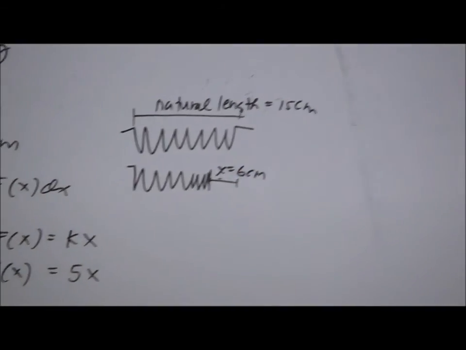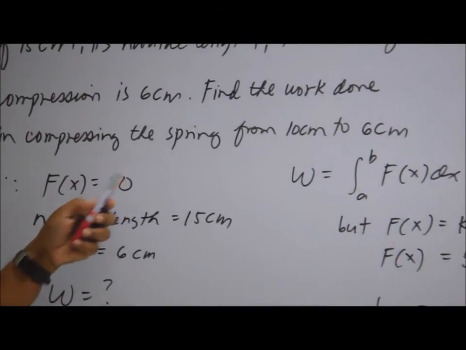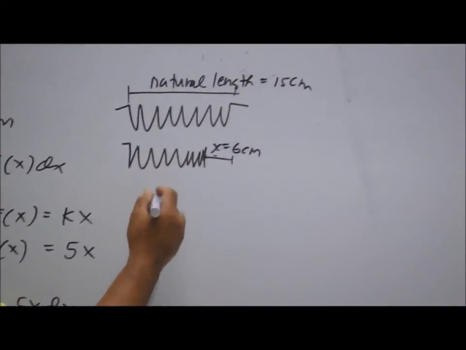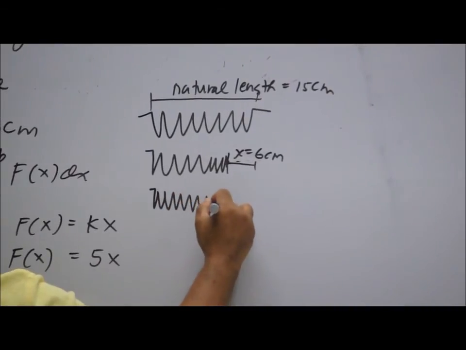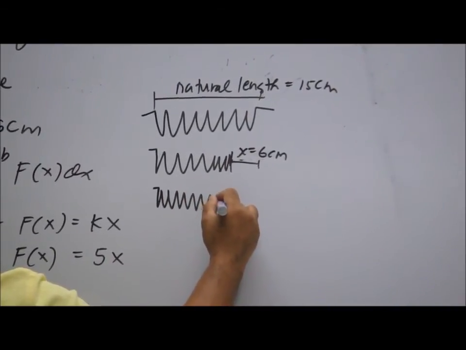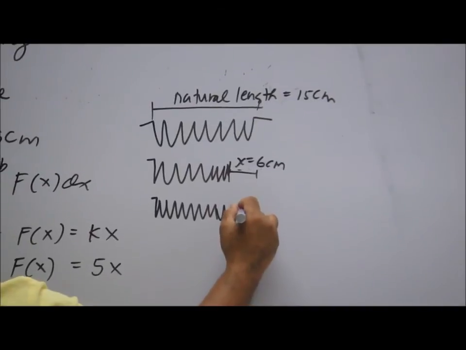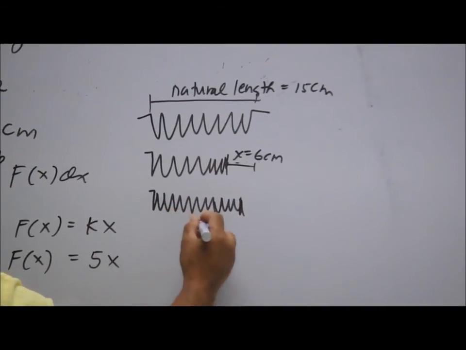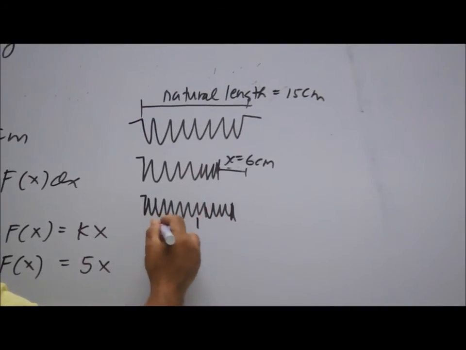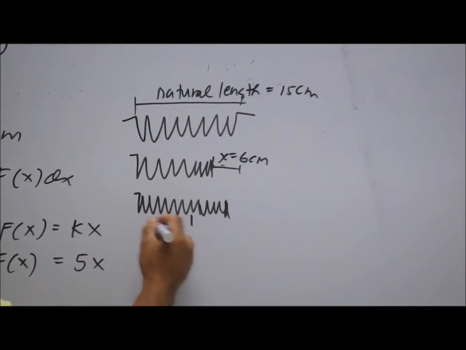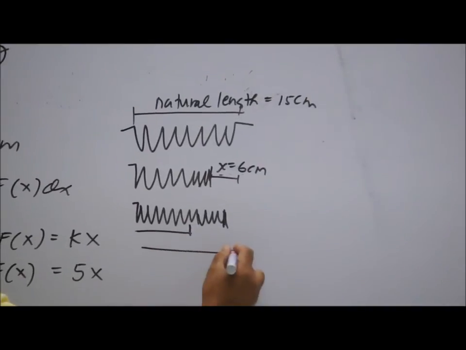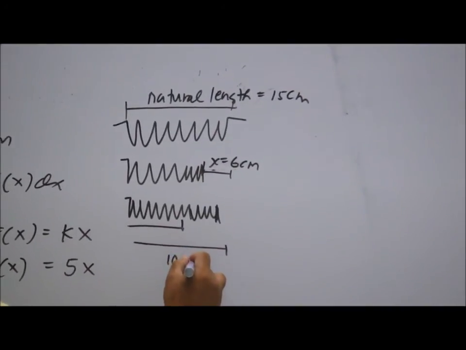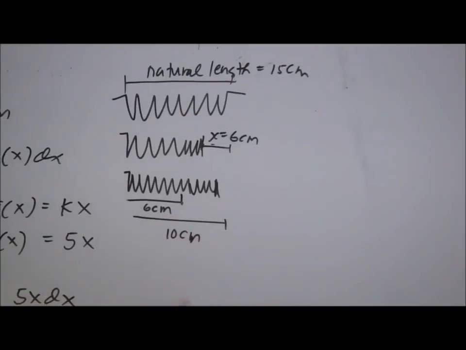So this time we're going to find the work done compressing the spring from 10 centimeters to 6 centimeters, okay? So we have this as 10, and we have this as 6 centimeters.